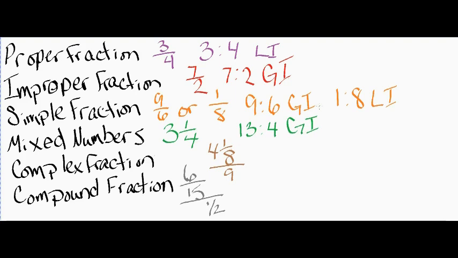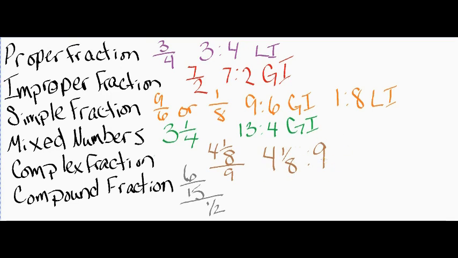Complex and compound fractions, we can write them as ratios, but we don't worry so much if they have greater inequality or lesser inequality. Just work on writing them. So in this complex fraction, we leave our mixed number. So we have 4 and 8 to 9. Now if we're really concerned about it, 4 and 8 is smaller than 9, so it does have lesser inequality.